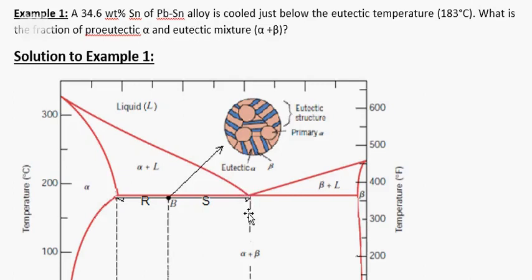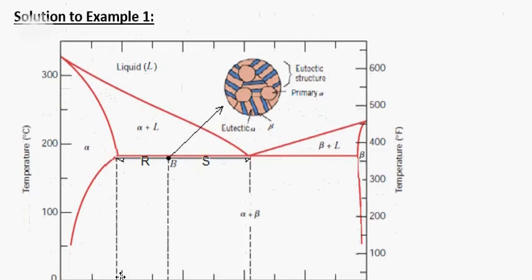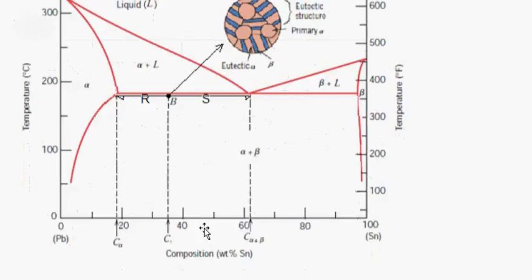Eutectic mixture is here, so we draw our line here, and then where it touches here, we draw the composition C alpha. So here at B, it is a mixture of peritectic alpha and then the eutectic structure.